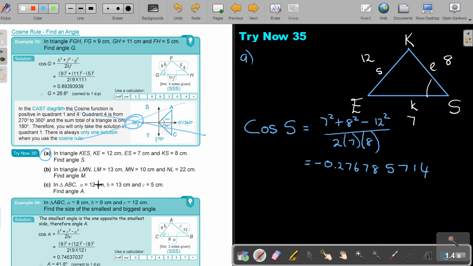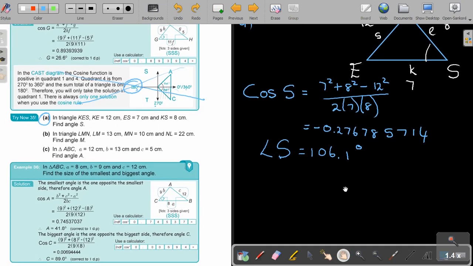And I go for shift and cos, and I'm getting 106.1. I don't think you have to worry about the cos diagram. You can just directly say angle S is equal to 106.1 degrees.